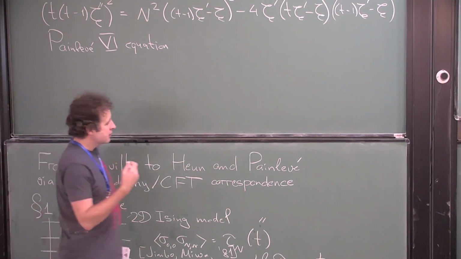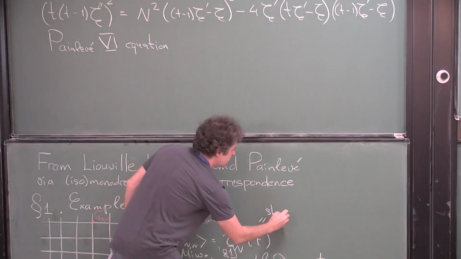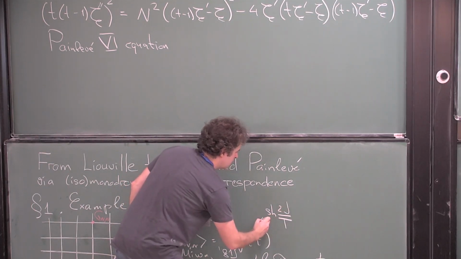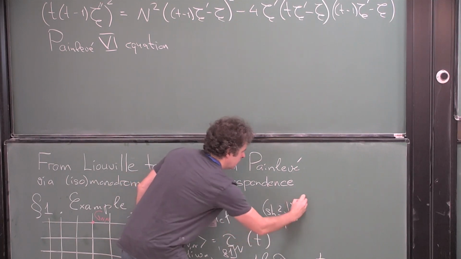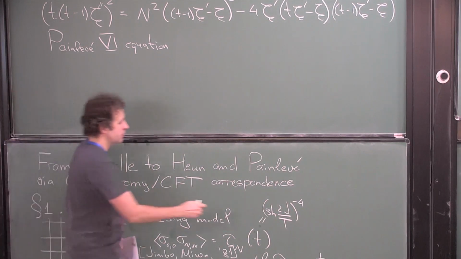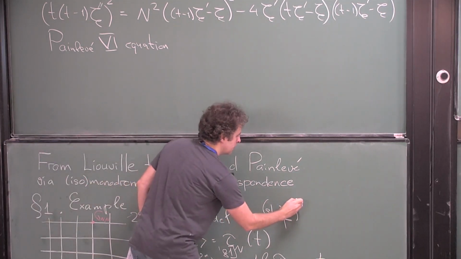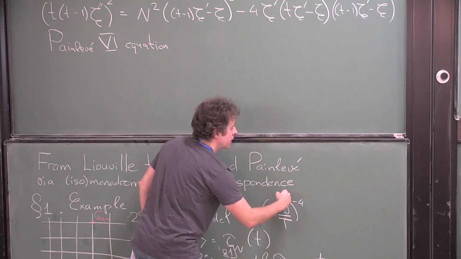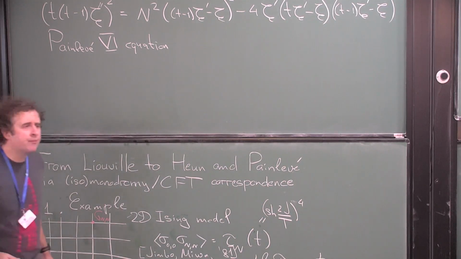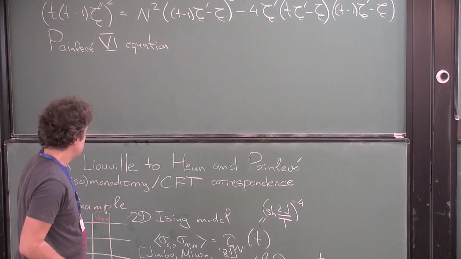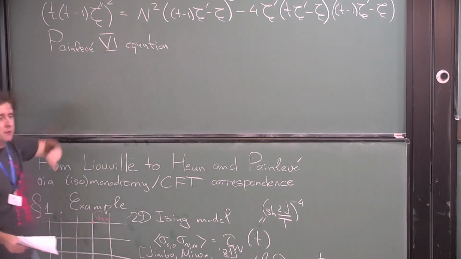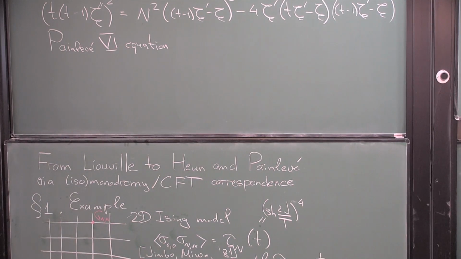If you know the Ising model, this is something like sinh of 2J times t. Where is big N? Big N is in the equation, so it appears as the parameter of the equation.